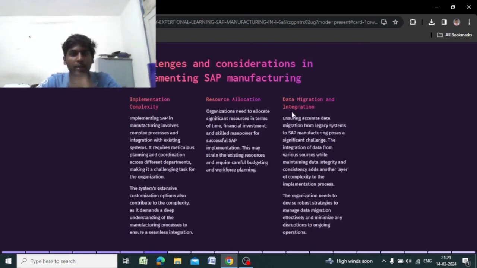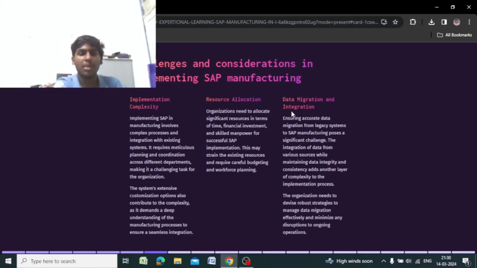So I'll move on with the challenges to consider in implementing SAP. The challenge is implementation complexity. Implementation complexity of SAP manufacturing can vary on different factors, such as the size of the organization, existing systems, business processes, and customization requirements.